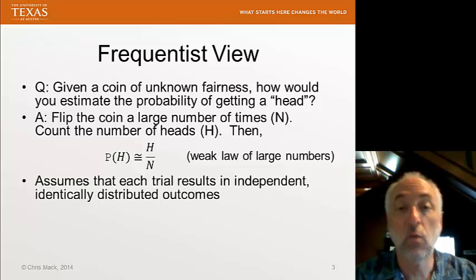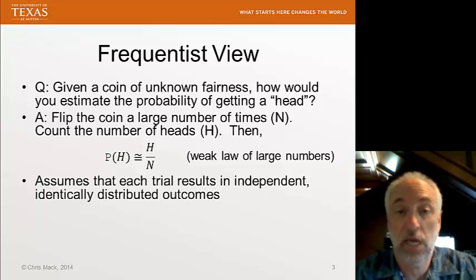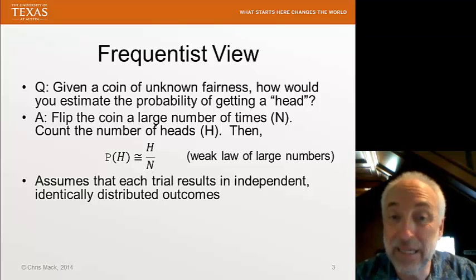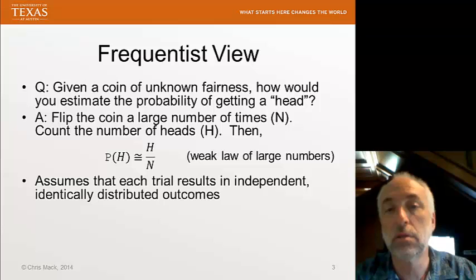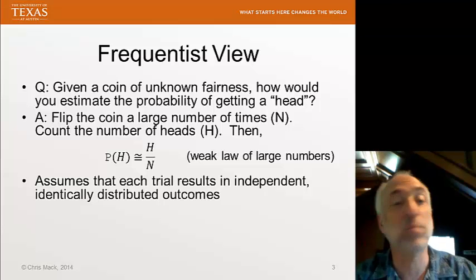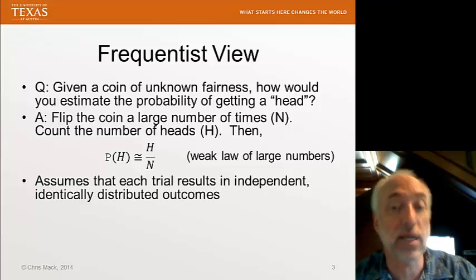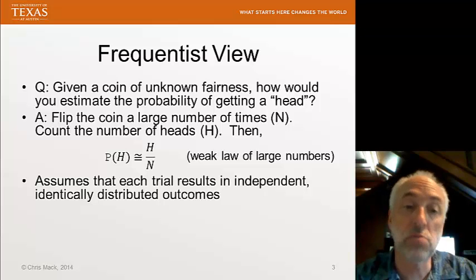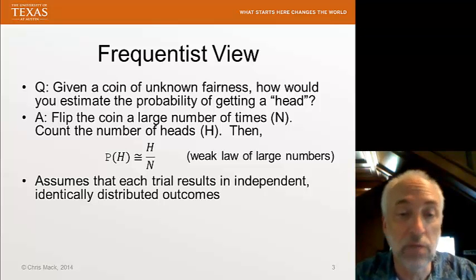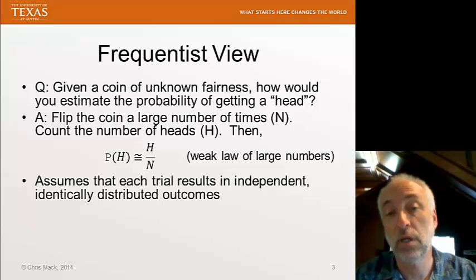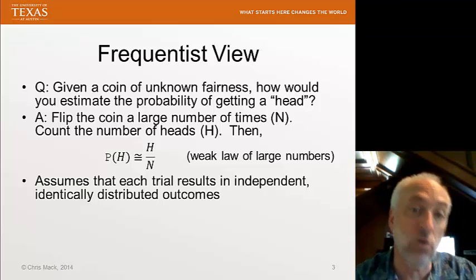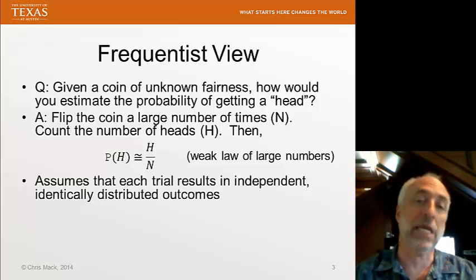That is, if I flip a coin once and I get a head or I get a tail, the outcome of that trial in no way influences what happens the next time I flip the coin. Every trial is independent. Also, we assume that the outcomes are identically distributed. In other words, the probability of getting a head doesn't change from one coin flip to the other. It remains identical.